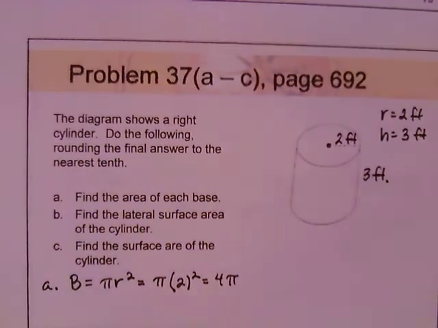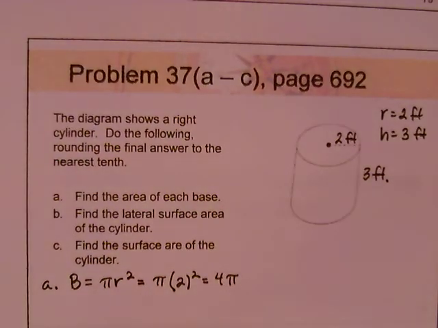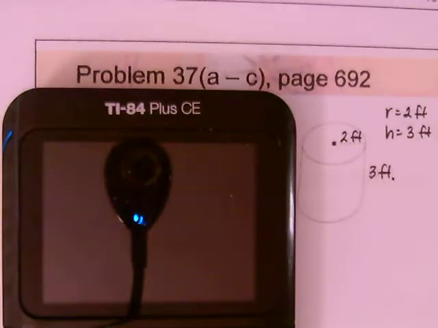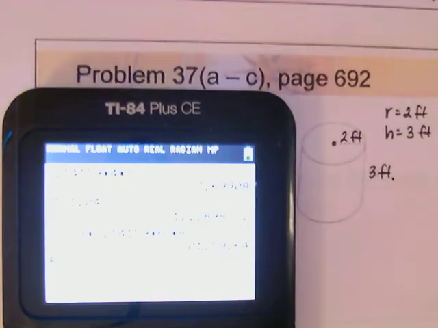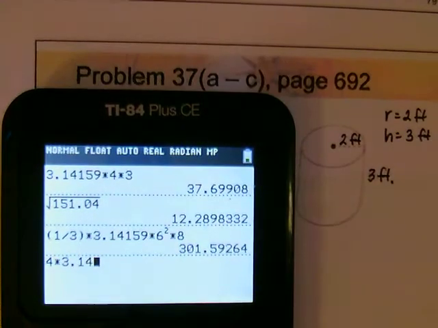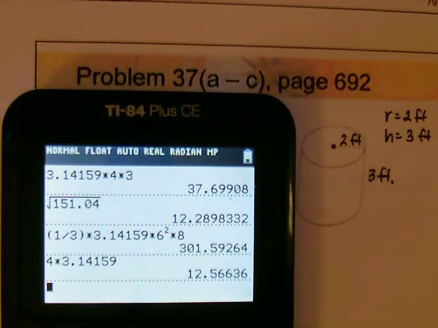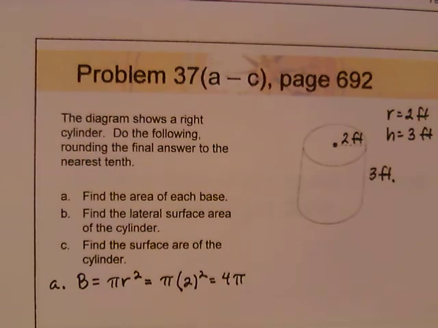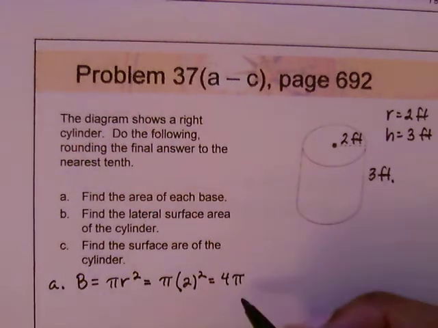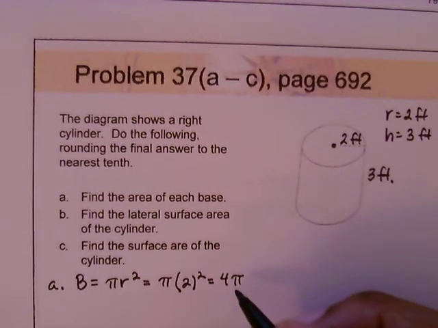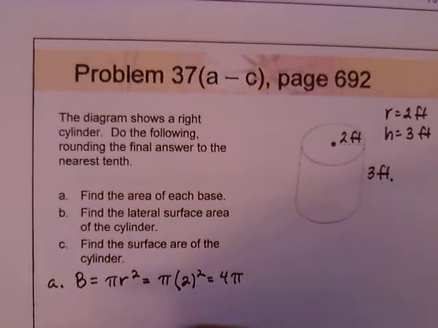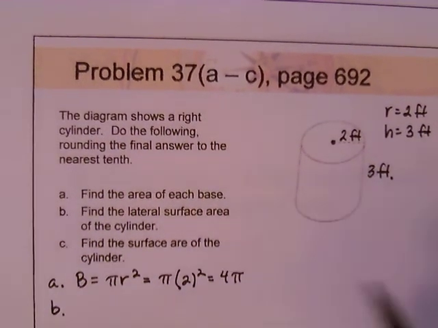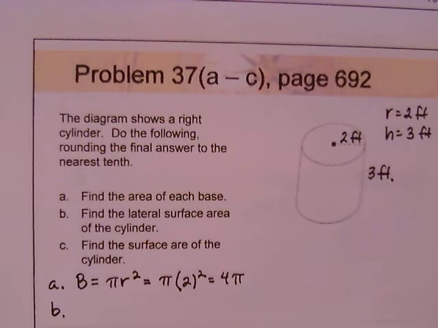So 4 times 3.14159, which is what I will use, will be approximately, to 1 decimal place, 12.6. Well, I'll just leave it as 4 pi, because when I come up with a surface area, I'll round that final answer to the nearest tenth.